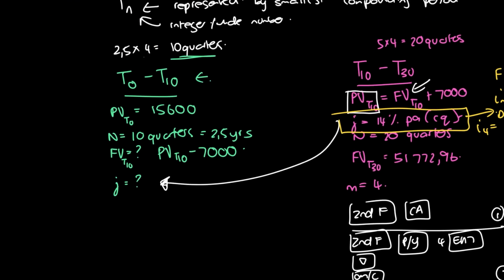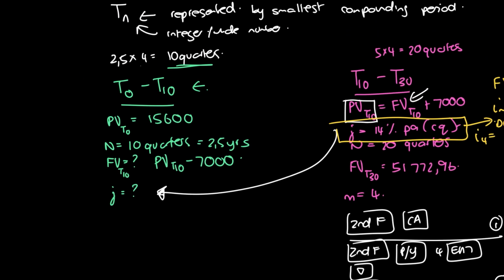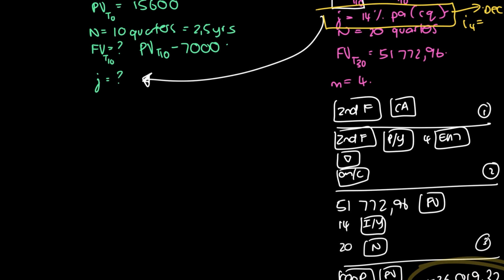We can now go back to our part 1, which is the T0 to T10. And we can now actually find what our future value is there. So we can first find our future value. So our future value at T10 is equal to our present value if it was a positive value.